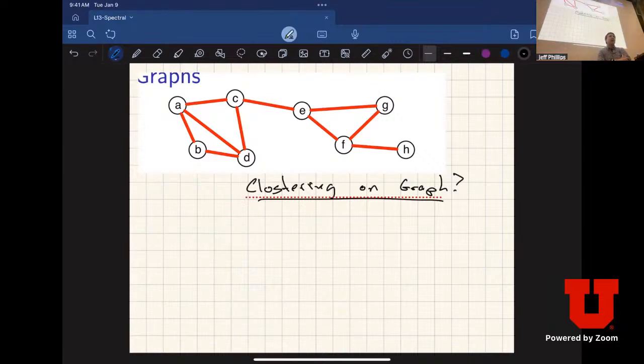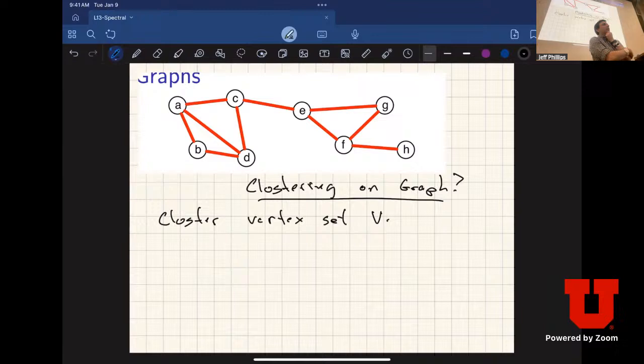We'll come back to that. We'll think of the set representation with the vertices and edges. And I somehow want to cluster the vertex set V, right?